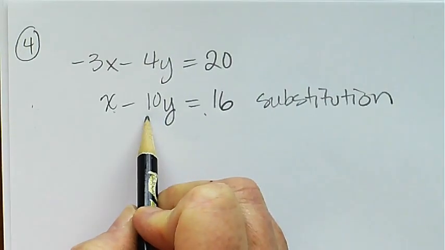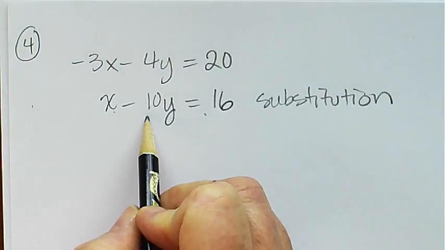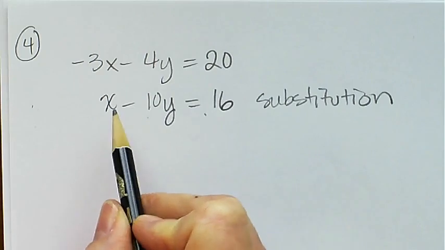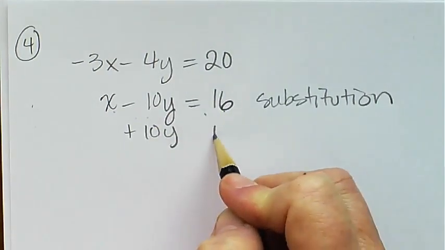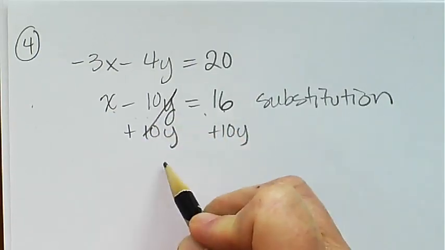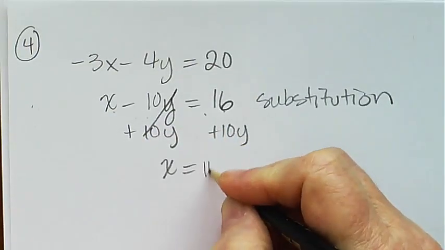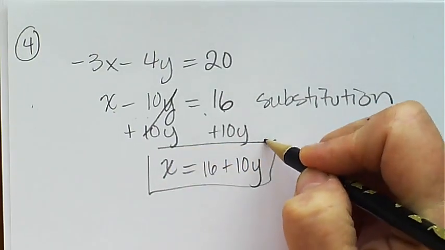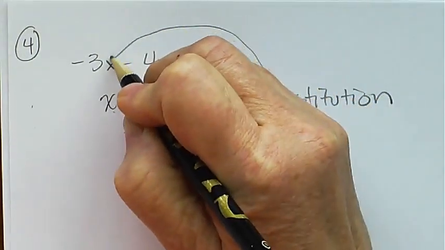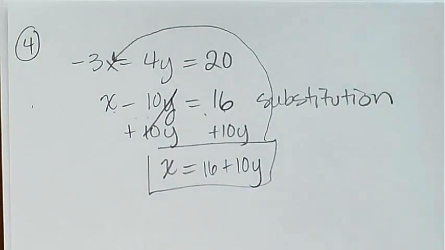With substitution, you want to get an expression for x or y. So if I add 10y to both sides here, that would give me x equals 16 plus 10y, or 10y plus 16. And then I could just substitute that in the place of x.